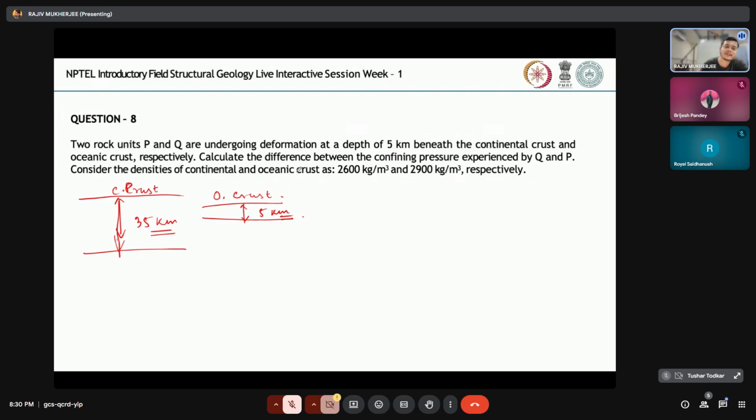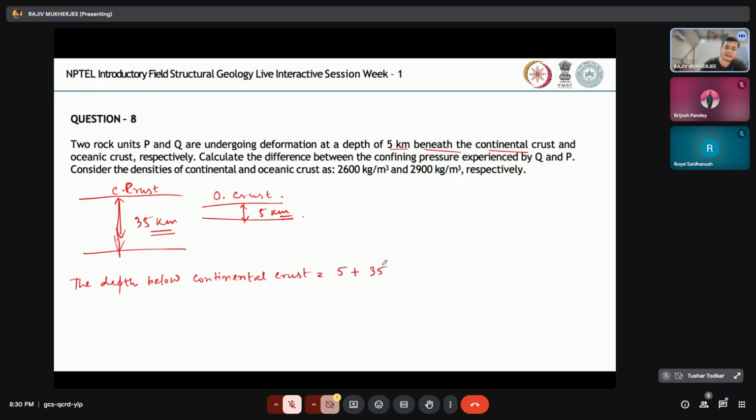So when we are talking about 5 kilometers beneath the continental crust, then that means the depth below the continental crust will be 5 plus 35.